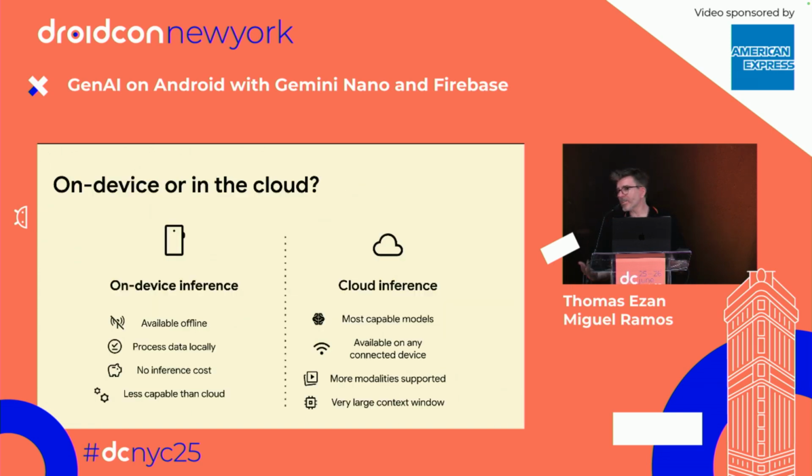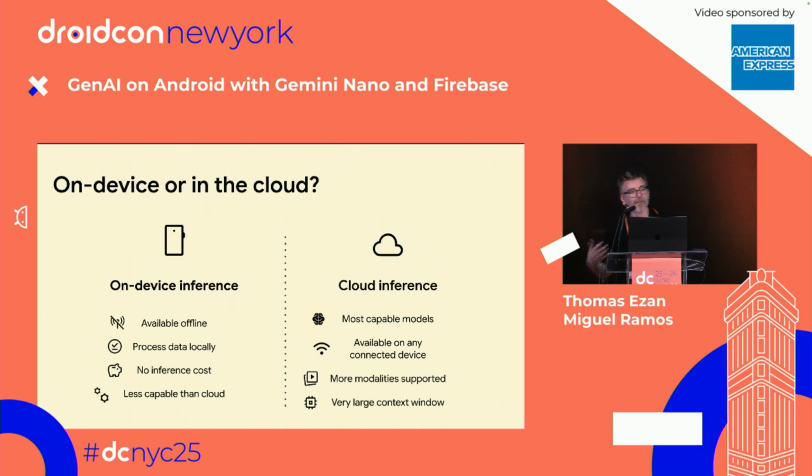So the question that everybody has is, when should I use on-device or cloud? And as with every question, it depends. There is a trade-off. For instance, on-device is pretty good when the network is not very good, like in this case here, where the network is not working as expected.